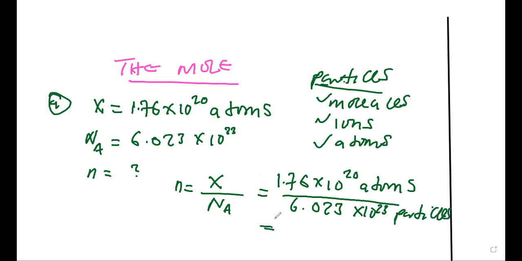So when we divide that, 1.76 times 10 to the power 20, everything divided by 6.023.